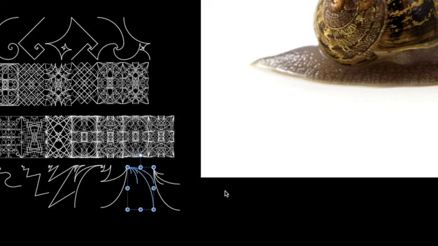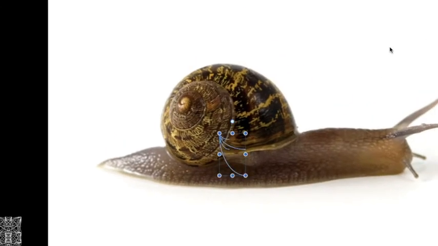The same as that. If we try this one here. So that's about to the ground, about to the top of the shell. Fit in like that.